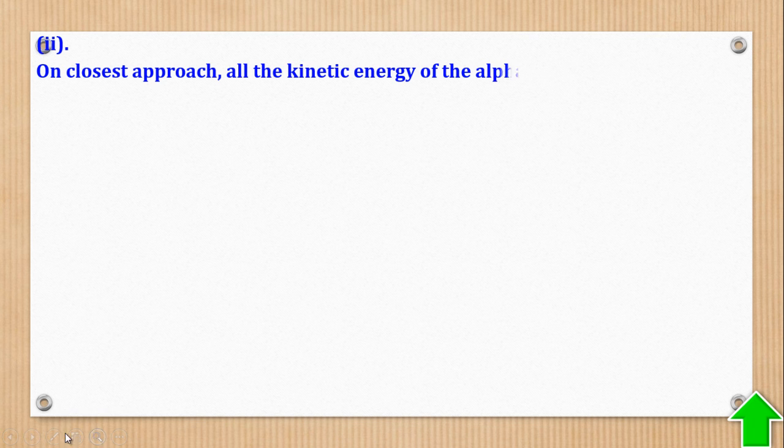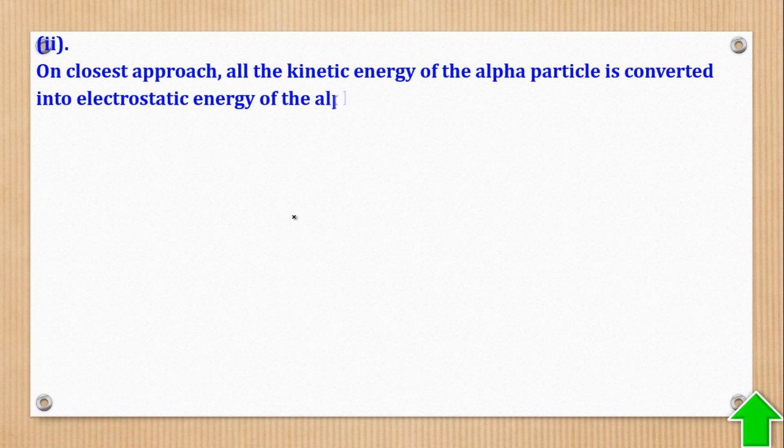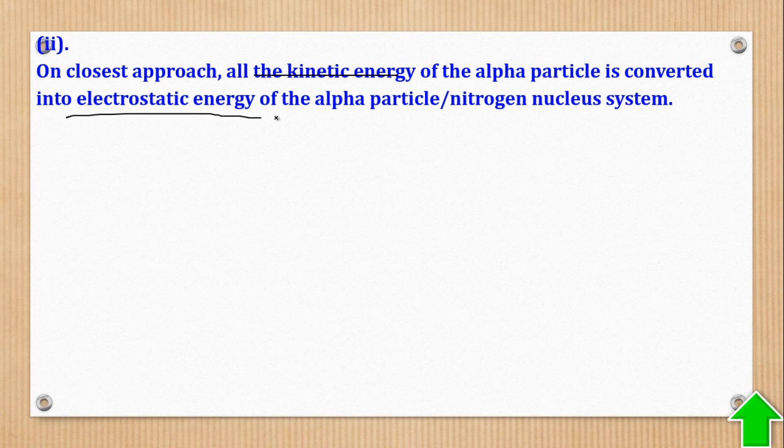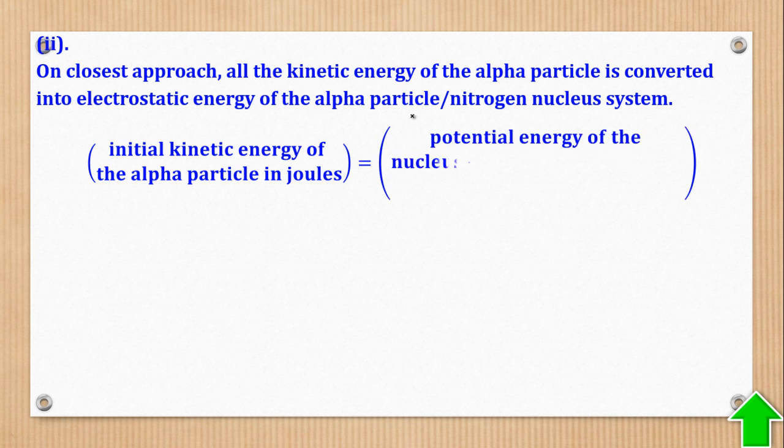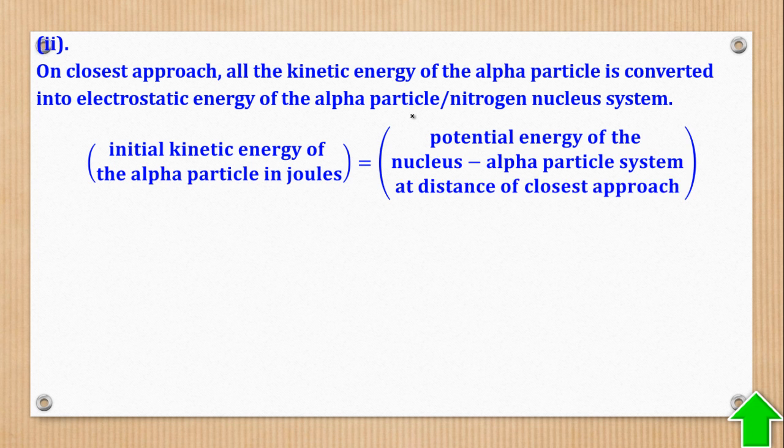So we shall remember that on closest approach, all the kinetic energy of the alpha particle is converted into electrostatic energy of the alpha particle-nitrogen nucleus system. Therefore, we shall quote the formula which you already know, and now we are not using 4 pi epsilon naught, because we already know by now that K means 1 over 4 pi epsilon naught.